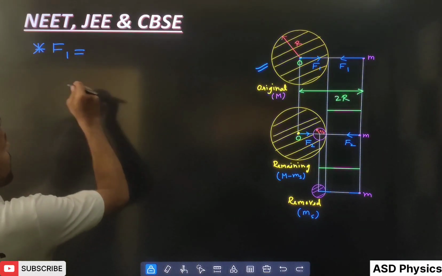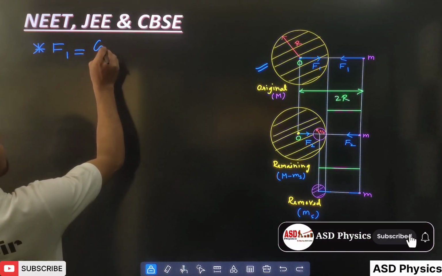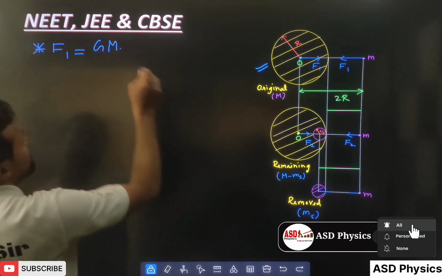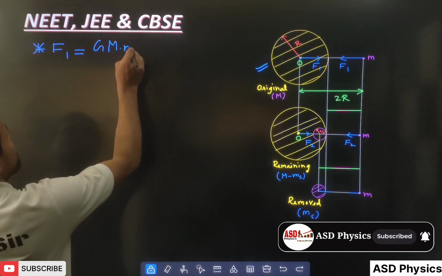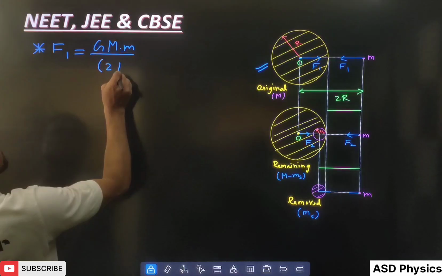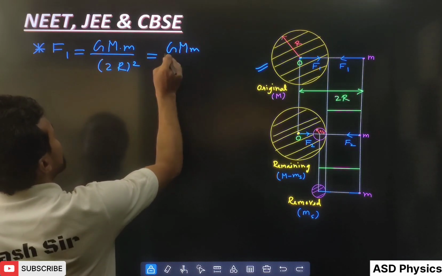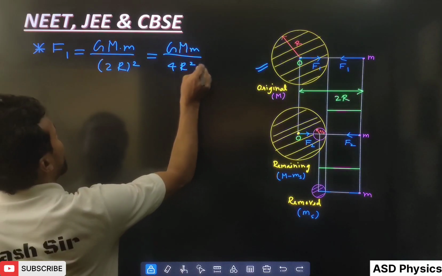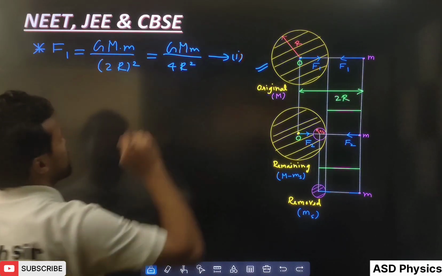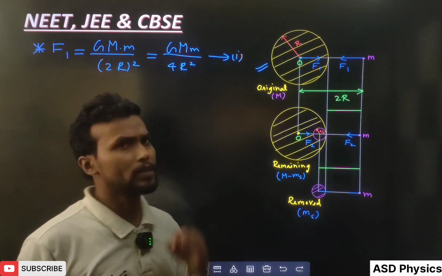So the value of F1 due to the original sphere is G capital M small m by the distance between centers, 2r, squared. So F1 equals G M m by 4r square. This is the force due to the original sphere.